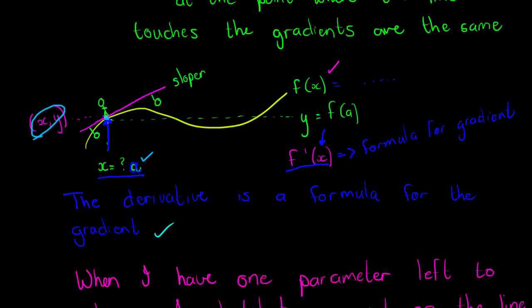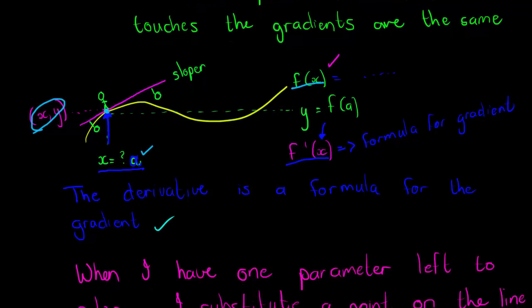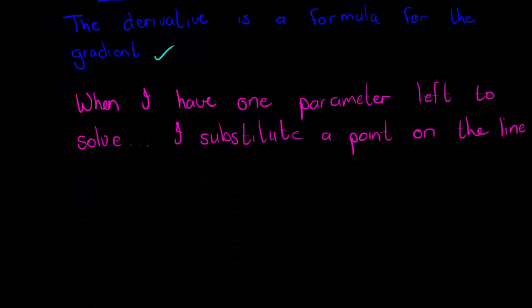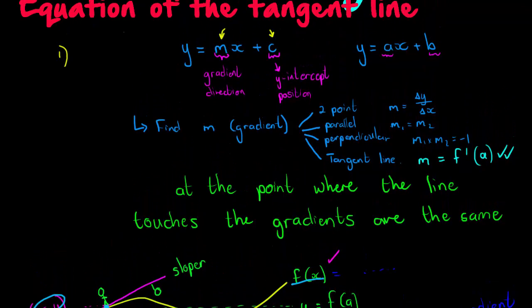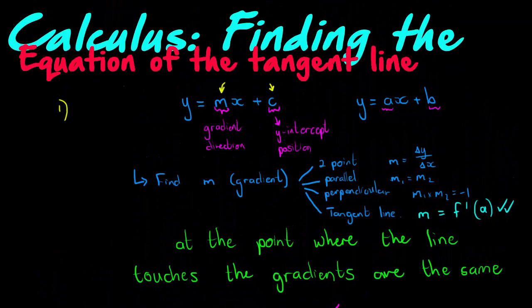We don't know necessarily what the y value is, but we can find it by substituting the x value into f of x, because that y value on f of x is also on the straight line. So this point is on the curve and on the straight line, which means if I find the point on the curve by substituting x, I will find the y value that's also associated with the line. And that's basically it. It's really that simple.